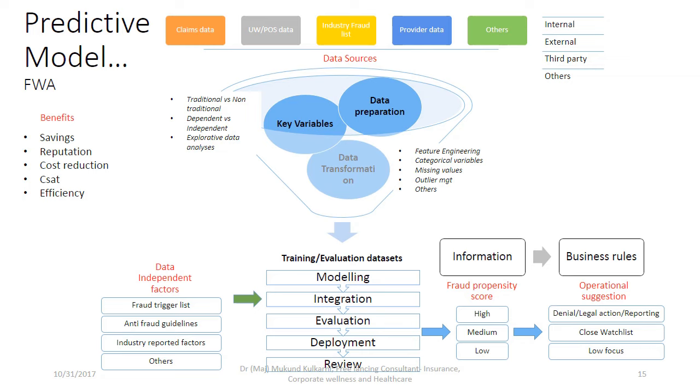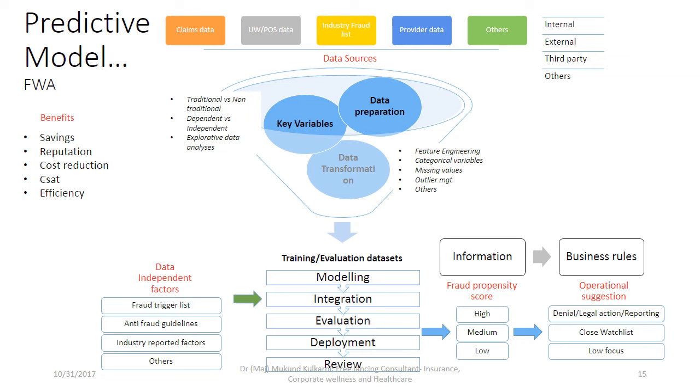There'll be reputational benefit, cost reduction, and good genuine customers will be happy with the way the company is managing its books, so there'll be higher customer satisfaction and efficiency. Those are the very much unsaid traditional benefits coming out of a model which can predict many more cases of fraud, waste and abuse and control them.